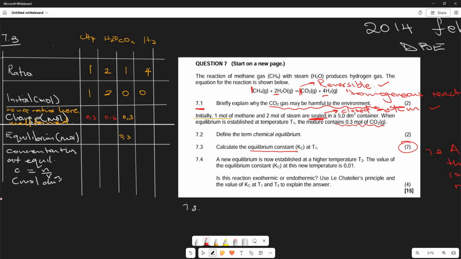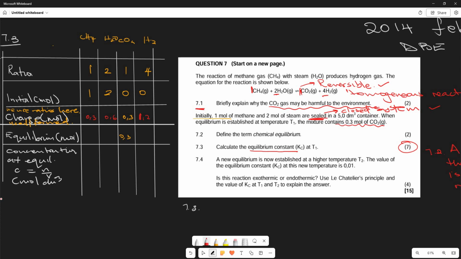That will be 0.6. Double the number again, that will be 1.2. Or you can simply say, if you are looking for this, you would say 1 divided by 1 times this, and you're going to get that. If you're looking for this, you say 2 divided by 1 times this, which gives you that. If you're looking for this, it's 4 divided by 1 times this, which gives you that. So it's mole ratio.